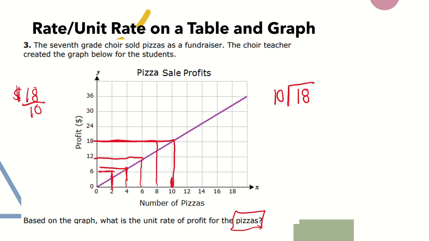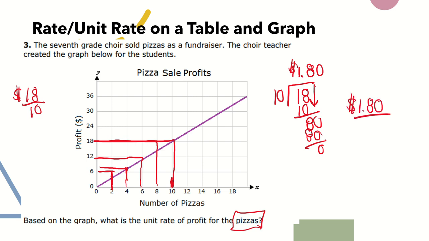We know 10 goes into 18 one time. I have 8 left over. And now I have 80. How many times can 10 go into 80? 8 times. So in this case, one pizza has a profit of $1.80.